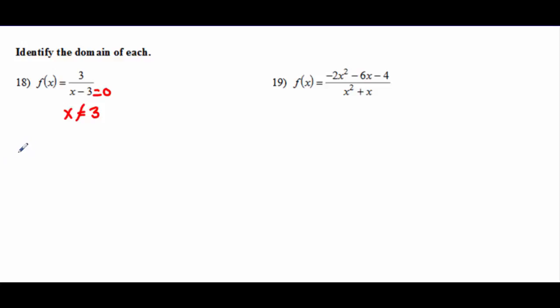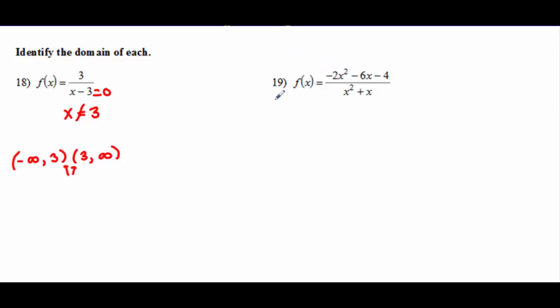And so if I want to write the domain in interval notation, I say that this is -infinity, comma 3, and then 3, comma infinity. And the fact that these are both parentheses means that I can plug in everything up to 3 and everything past 3, but I can't plug in 3.